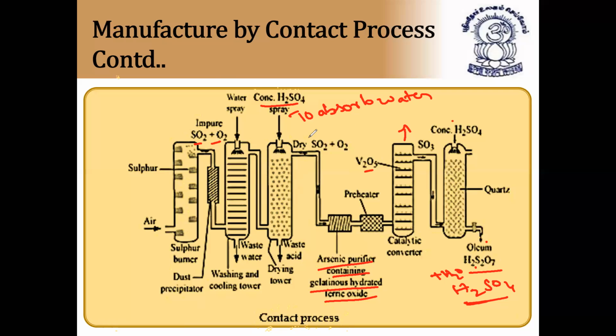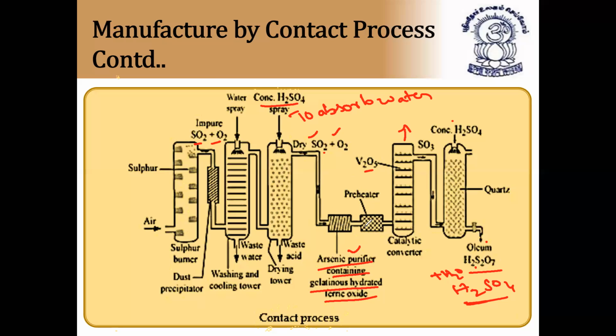Only dry sulfur dioxide along with some oxygen will go up into the arsenic purifier, where arsenic is removed, because with sulfur dioxide some amount of arsenic is also present as an impurity. If arsenic is present as an impurity, the catalyst activity will be zero. So that's why we have to remove this arsenic.